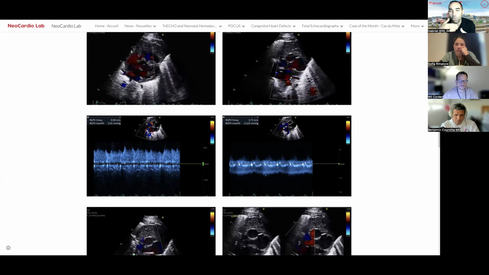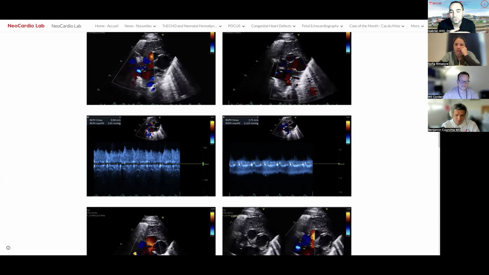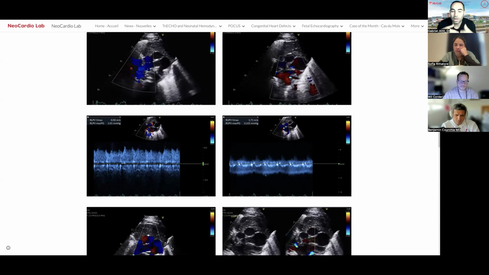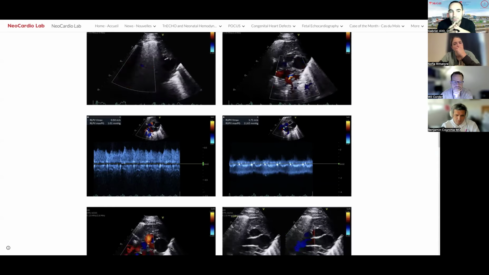But I would say in order to trial these things, it requires multidisciplinary discussion, assessing the status of the patient, and ruling out that you're going to decompensate your patient. So there are a lot of subtleties to doing that.